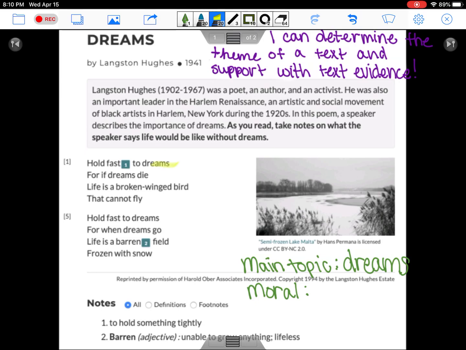All right, team members. So right away, I would want to highlight hold fast to dreams. Remember that a moral is sometimes a sentence telling you what to do. That's called an imperative sentence or a command sentence. And these phrases right here are definitely commanding us to do something. They're commanding us to hold fast to dreams.